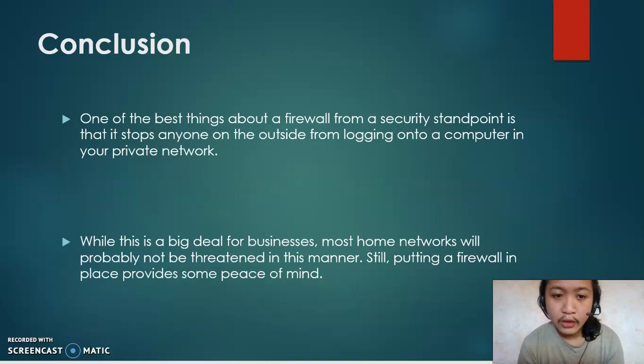Conclusion: one of the best things about a firewall from a security standpoint is that it stops anyone from outside from logging into your computer or private network. While this is big for businesses, most home networks will probably not be threatened in this manner. Still, having a firewall in place provides peace of mind.